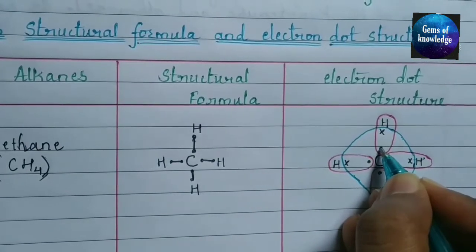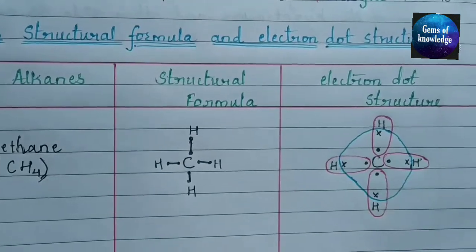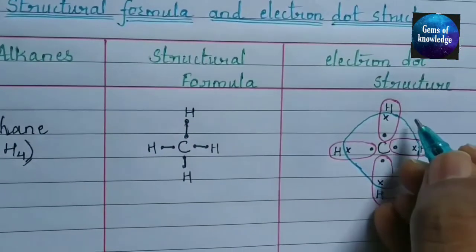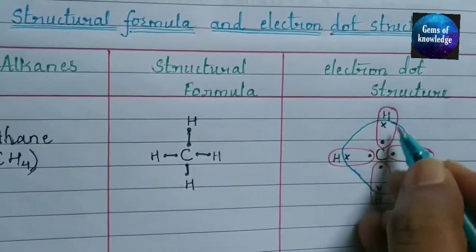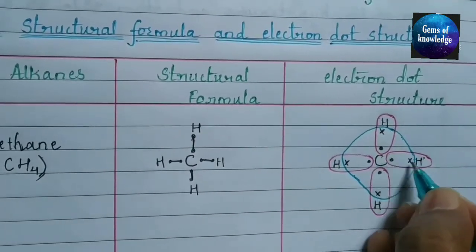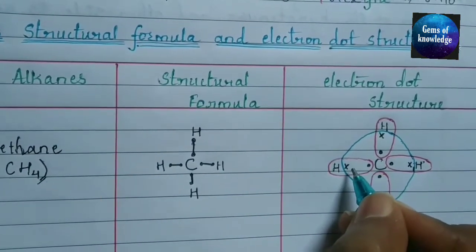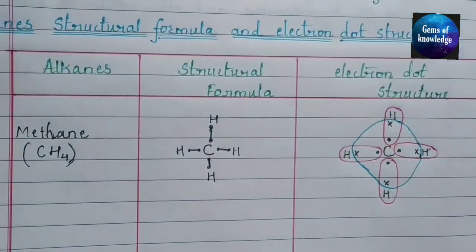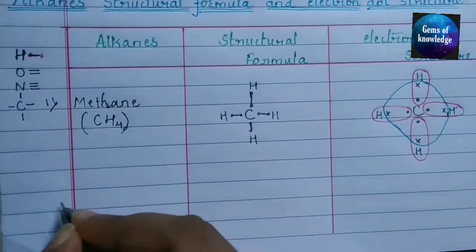So here it will become 1, 2, 3, 4, 5, 6, 7, 8. Similarly, hydrogen is containing 1 bond, right? So it will take 2 electrons, instead of 1, it will take 2 electrons. This one and this one for this hydrogen, this one and this one for this hydrogen. Similarly, this hydrogen and this hydrogen. So this is the electron dot structure for methane. Okay, the next one we are going to see here is ethane.